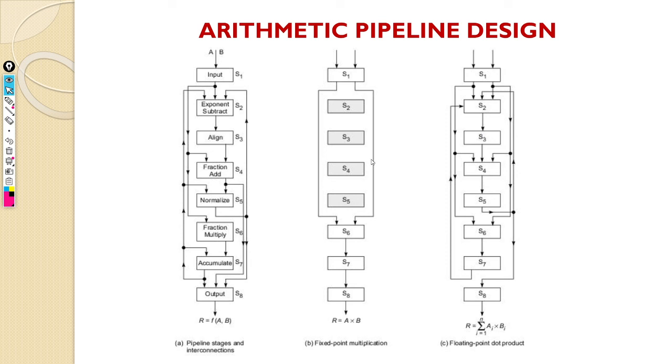In fixed point multiplication, you may not use these intermediate stages, so you actually bypass these stages. These are individually different pipelines, and you enable one of them depending on what instruction you are dealing with.